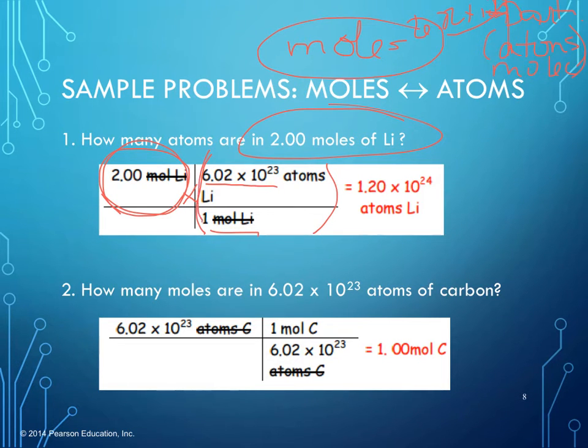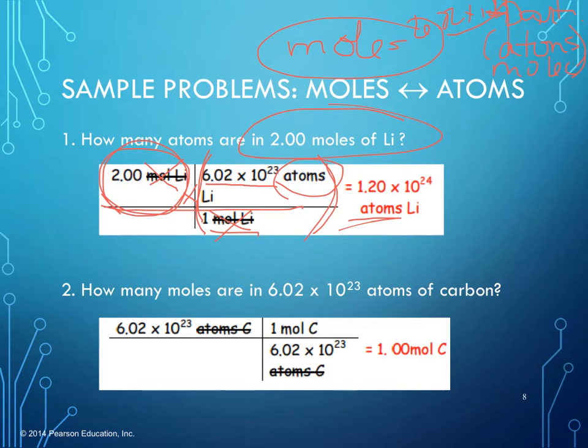Now this conversion factor is the same for every substance you want to convert from moles to atoms or molecules. When you have it arranged this way, you see that the original units cancel out and that the units of your answer will be atoms. So this ends up being just a simple multiplication.